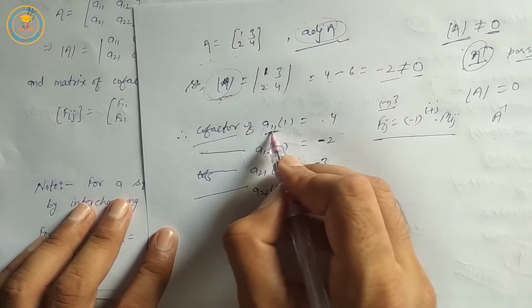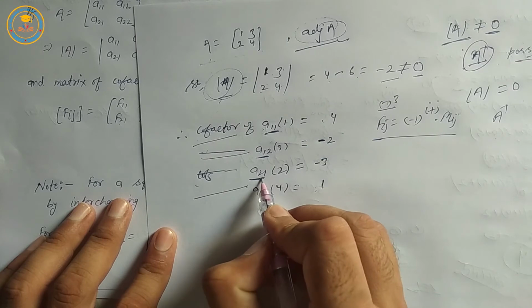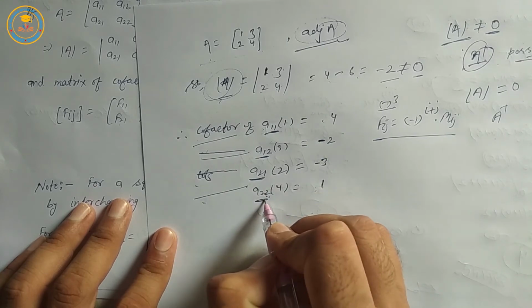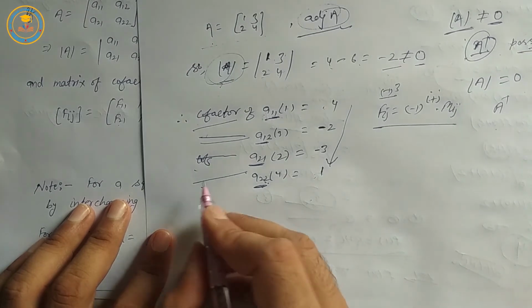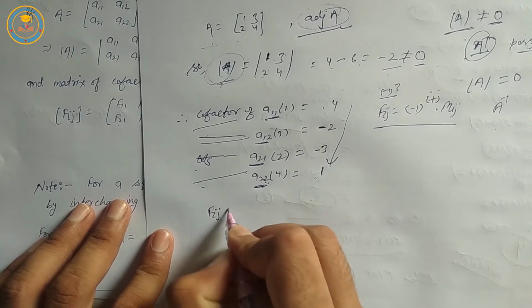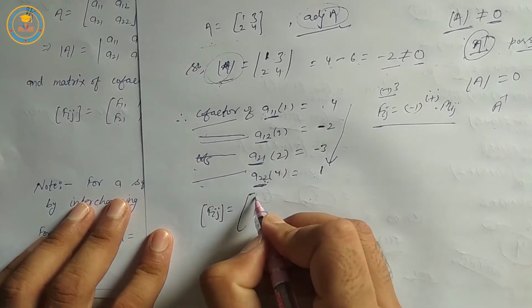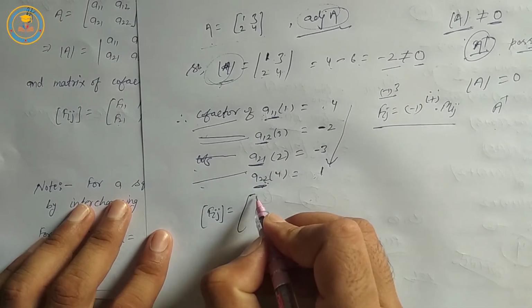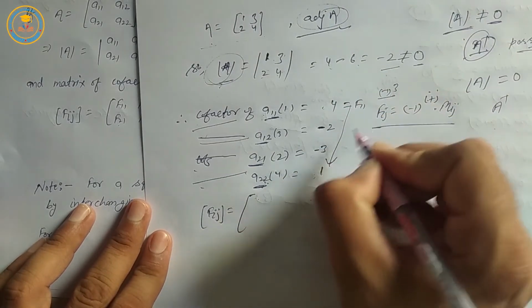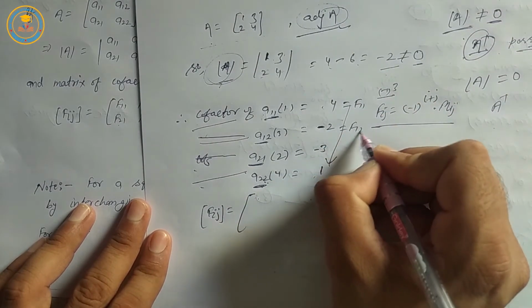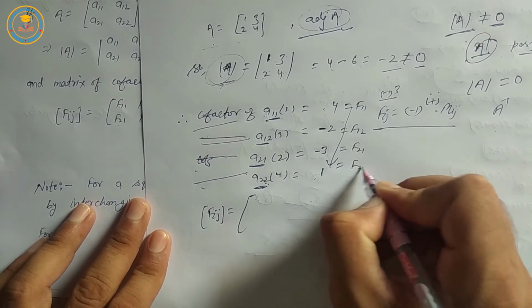Cofactor of element A11, cofactor of element A12, cofactor of element A21, cofactor of element A22 is equal to something. And Fij: 4 is equal to F11, minus 2 is equal to F12, minus 3 is equal to F21, 1 is equal to F22.